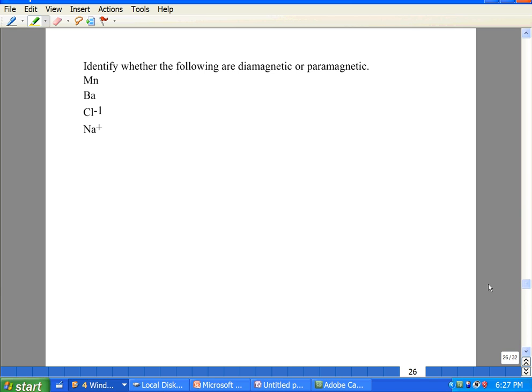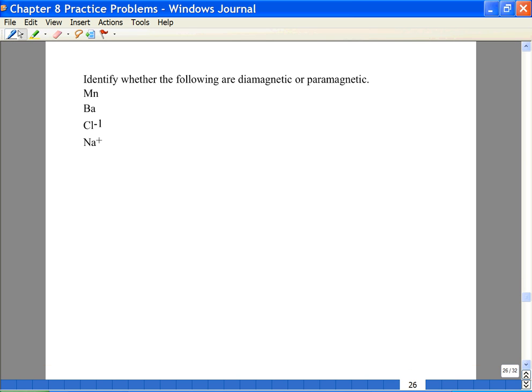Identify whether the following are diamagnetic or paramagnetic. Our strategy in solving this one is to write the orbital diagram notation and look at whether or not you end up with unpaired electrons.